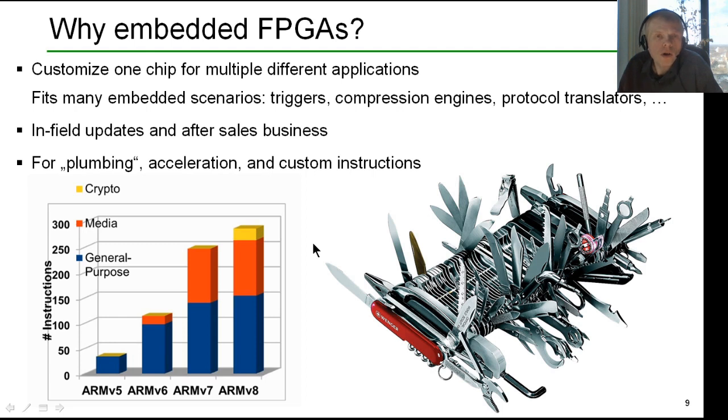Then you have all the legacy requirements: you may be able to add an instruction, but you may not be able to remove an instruction easily. So having a very lightweight core and adding, for example, reconfigurable custom instructions is indeed a very attractive opportunity.